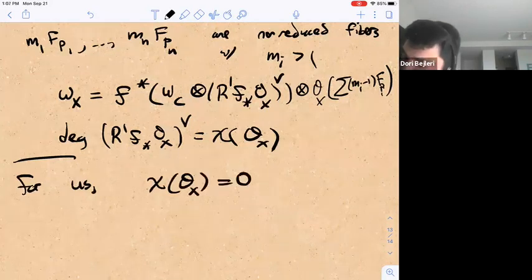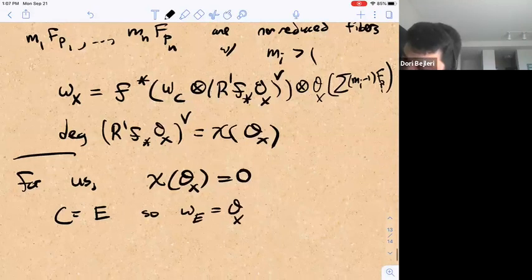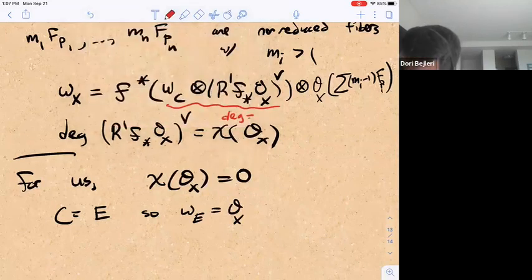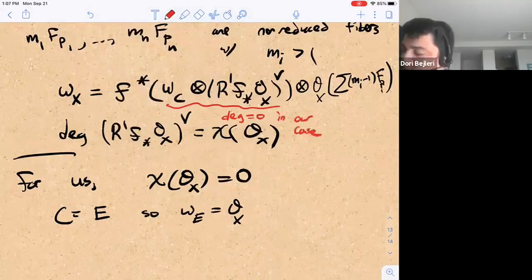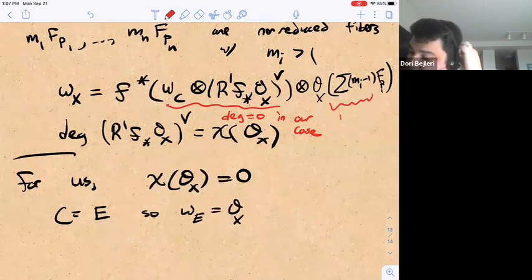And we know that C is an elliptic curve, so omega E is O. So this line bundle in the formula has degree 0 in our case. So if we had some non-reduced fibers, then we'd have some contribution here with Mi strictly bigger than 1.